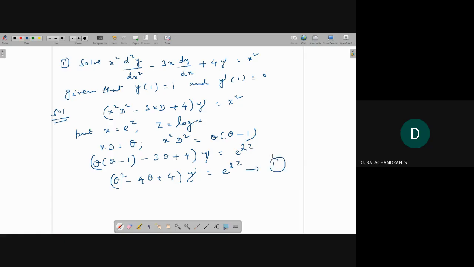This is a second order linear differential equation with constant coefficient. So try to continue this problem. I will come and join within 2 minutes.